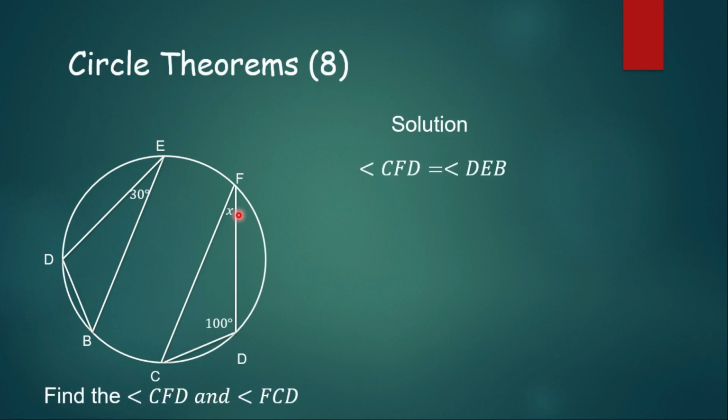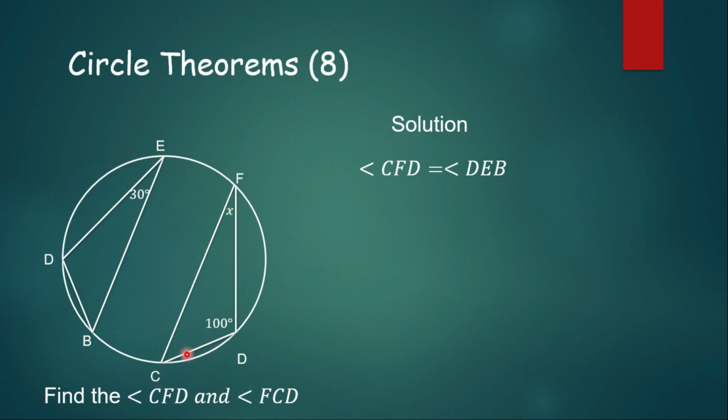Now, we pick an example. We state that the angle x is what we are looking for. And the angle formed here is also what we are looking for. That is CFD, that's angle x. And then FCD, that is this angle formed over here.